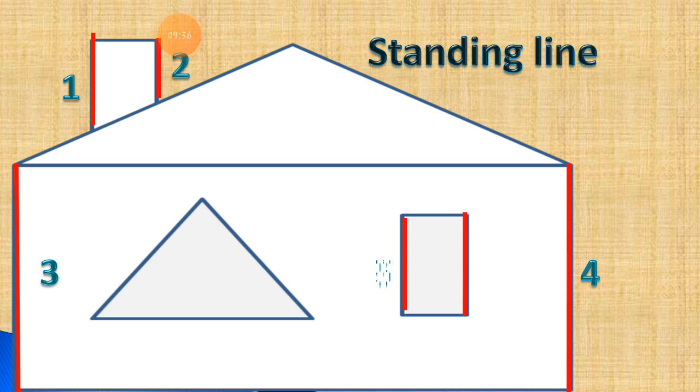Then here standing line number 5 and standing line number 6. So in the house, how many standing lines are there? Total there are 6 standing lines.